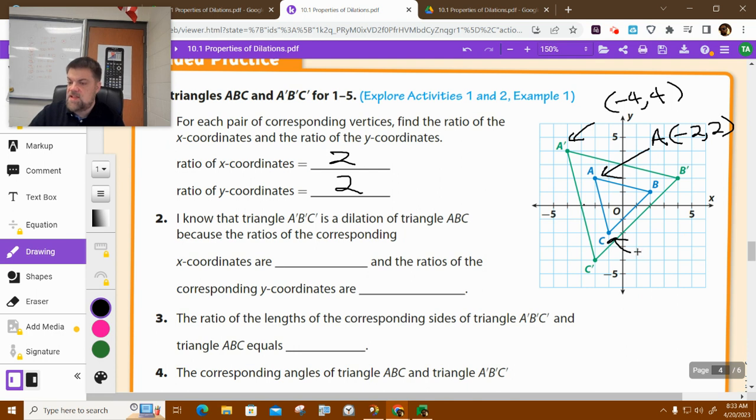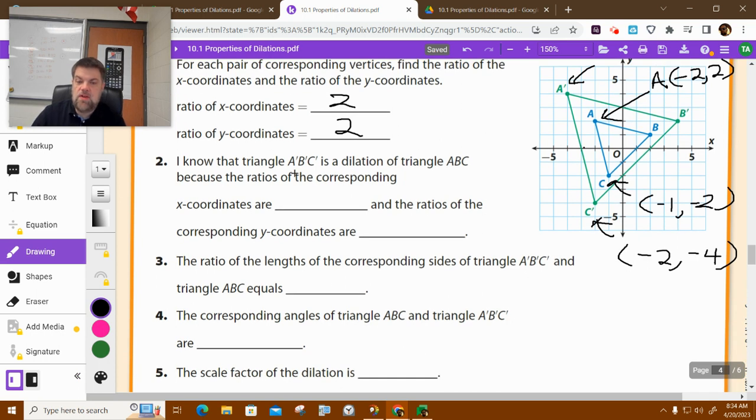So C is -1, -2, or I'm sorry, and then C prime is -2, -4. Am I multiplying those by 2? Yeah. So then what does that tell us?